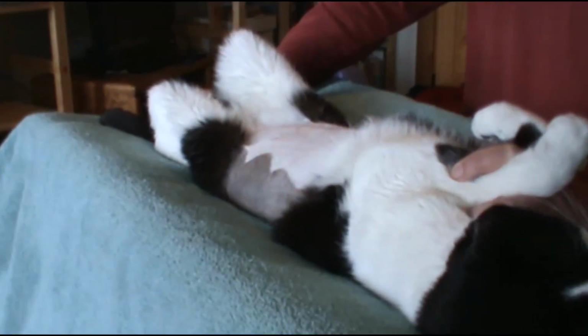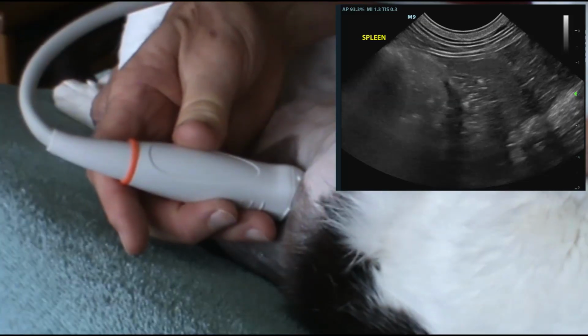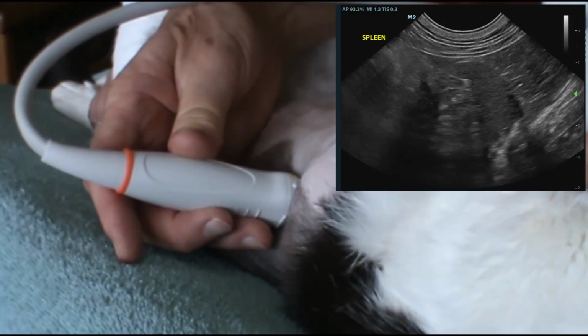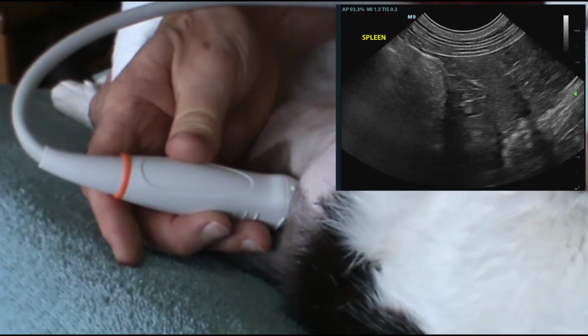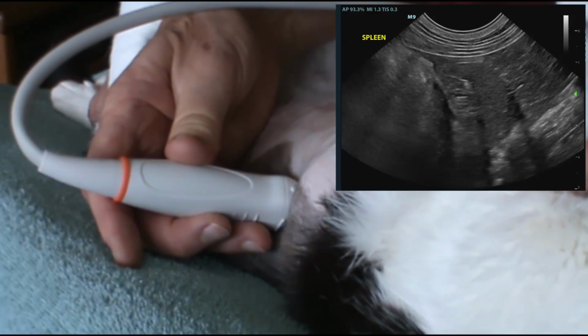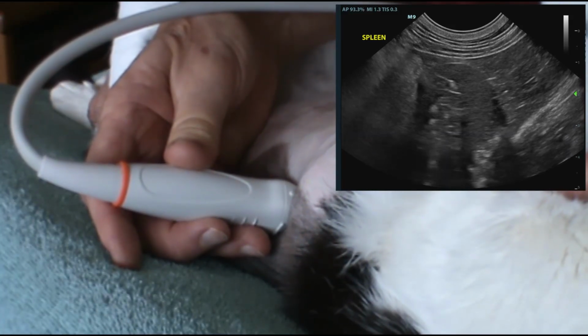A 12-pound cat is used to demonstrate finding the left kidney. When finished with the spleen, the transducer is in an off-sagittal position on the left lateral abdomen and caudal to the last rib. In dogs and cats, the left kidney is usually found caudal to the last rib.